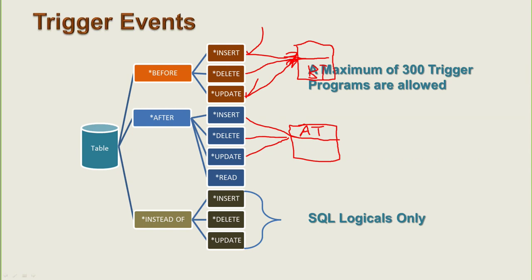Now, whereas a before trigger is designed primarily to do validation of data coming in, and to provide proper defaults and to add user ID and last change date and all that sort of stuff, that happens before you finally insert, update, or delete.